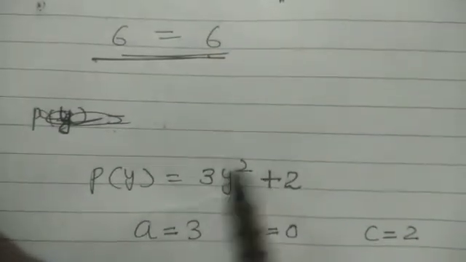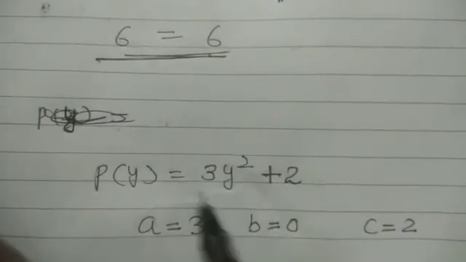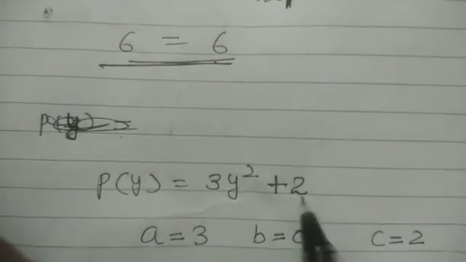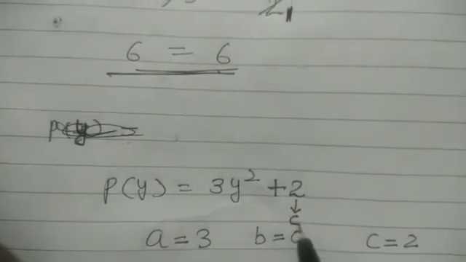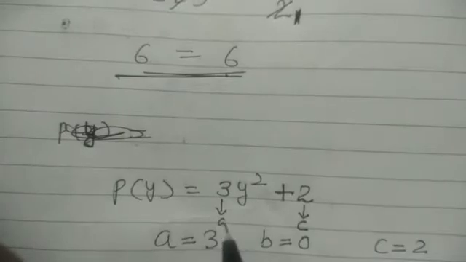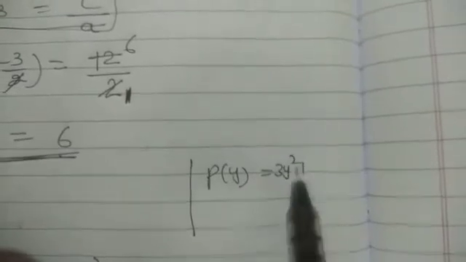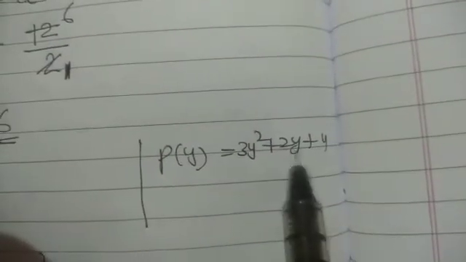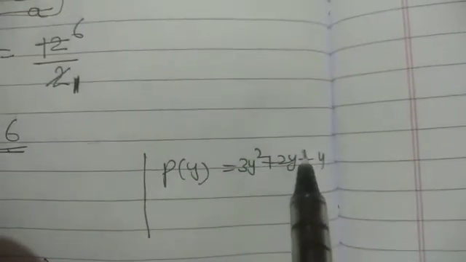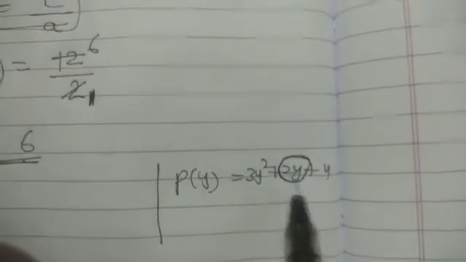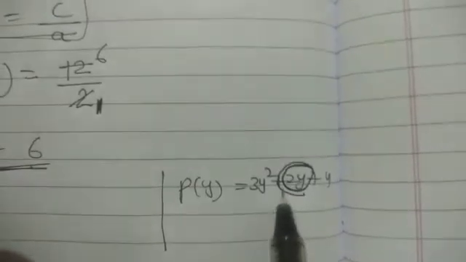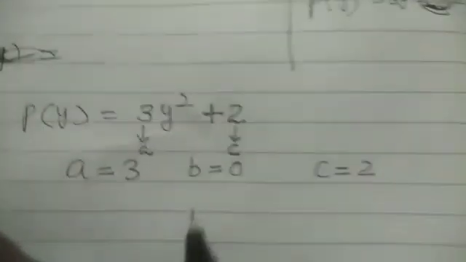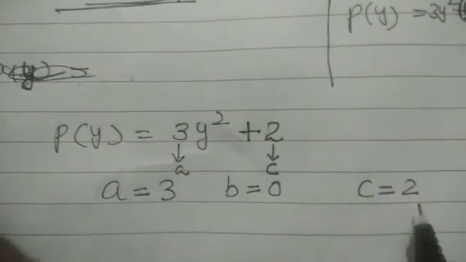Because there is no term of y in this. There is 3y square plus 2. This is c, this is a. If it were like p(y) equal to 3y square plus 2y plus 4, then a is 3, b equals 2, c equals 4. But here in this case the y term is missing, meaning b is missing. So that's why b is 0.